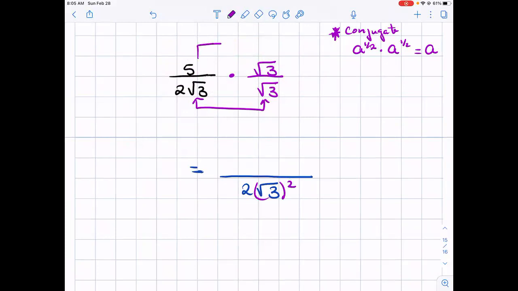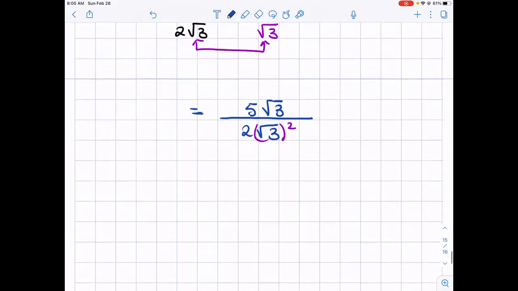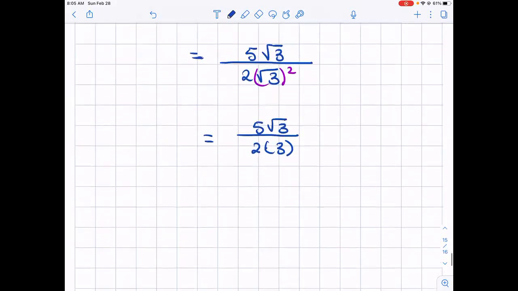And then if you multiply the top, that becomes 5 root 3. So the denominator becomes 2 times 3, and the numerator, 5 root 3. And finally, we have 5 root 3 over 2 times 3 is 6.